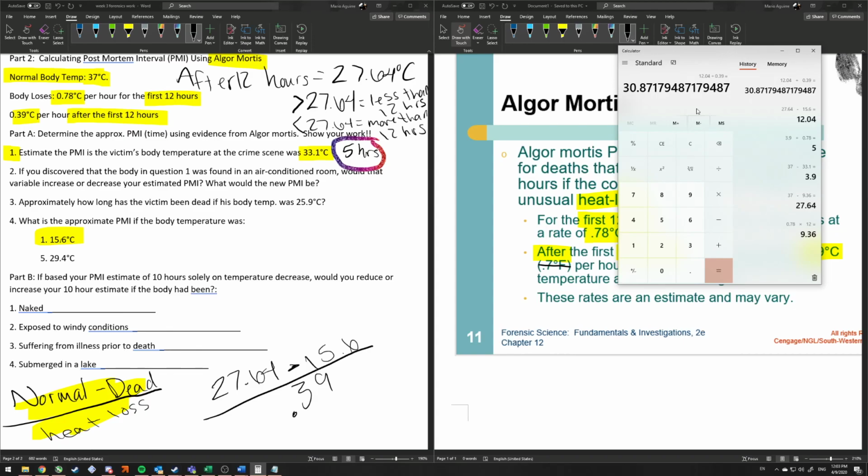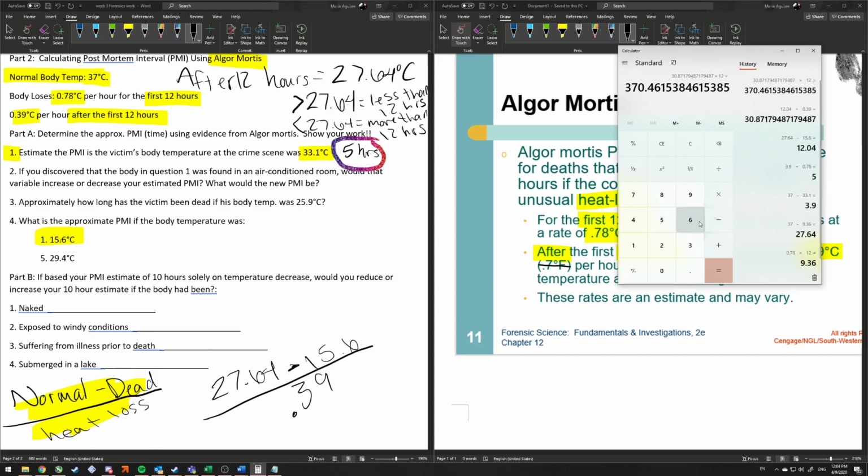However, timeout. This does say 30 hours, right? But remember, where did we start? We started at 12 hours. So past those 12 hours, the person was dead for another 30 hours. So we're going to add 12 to that because we started at 12.